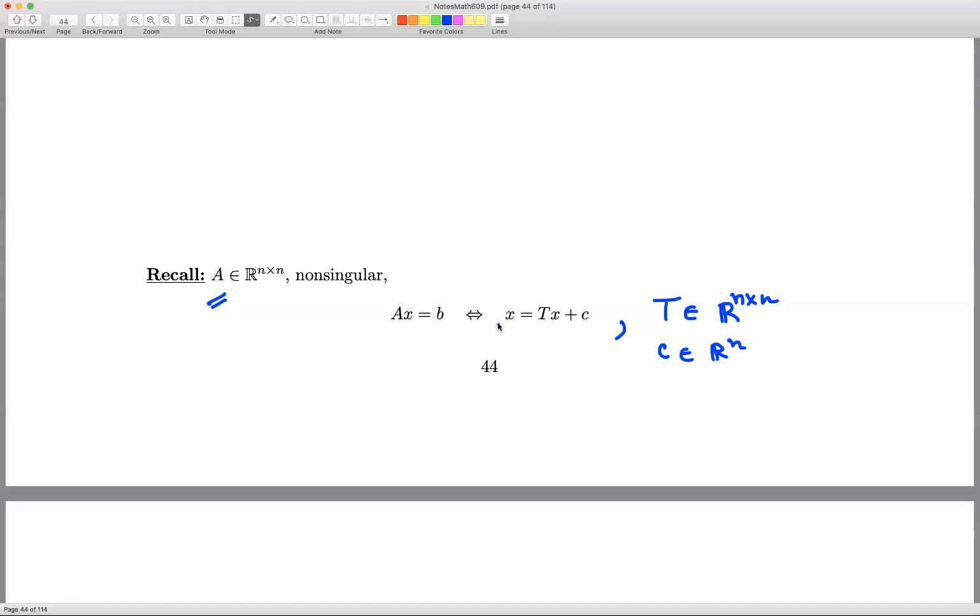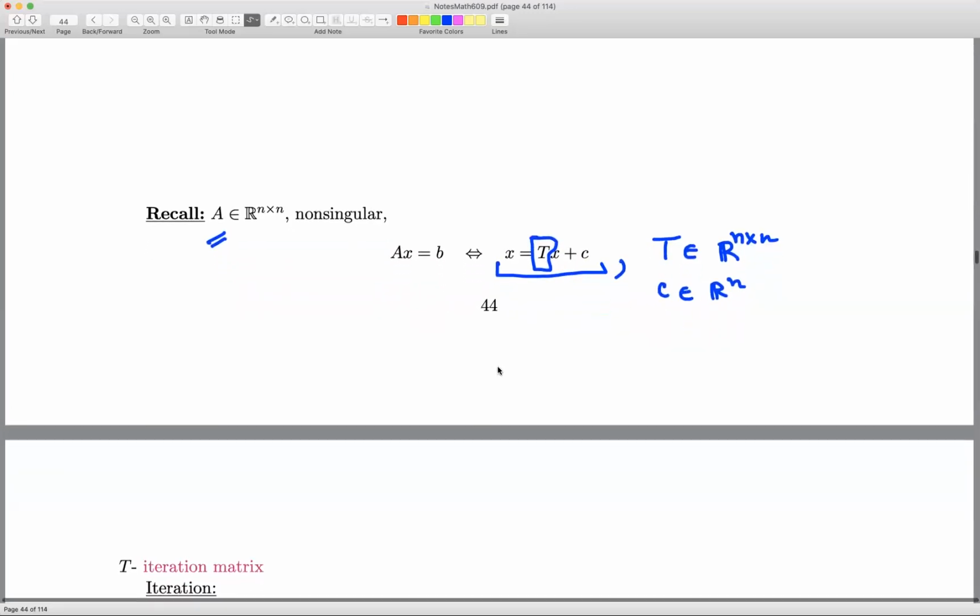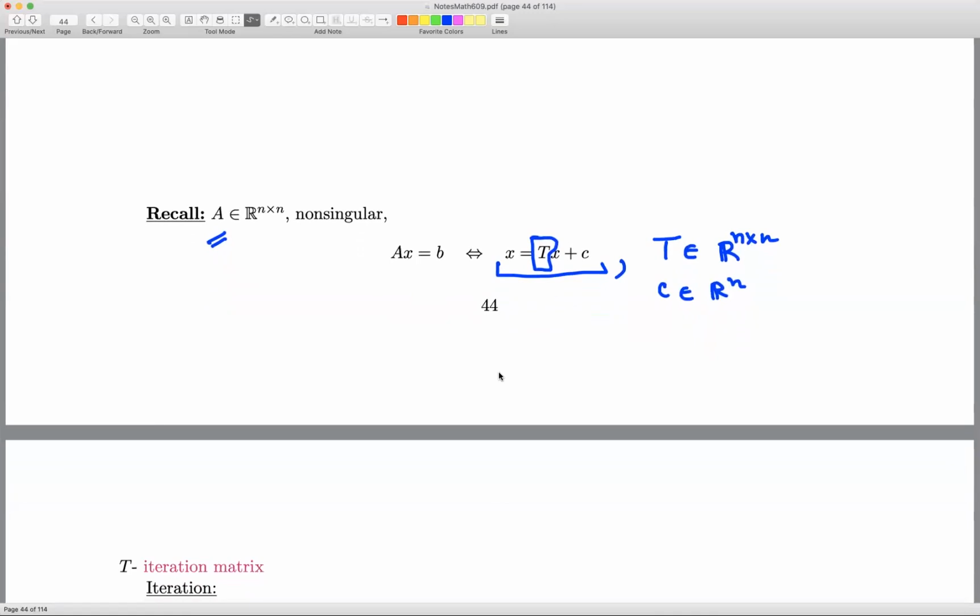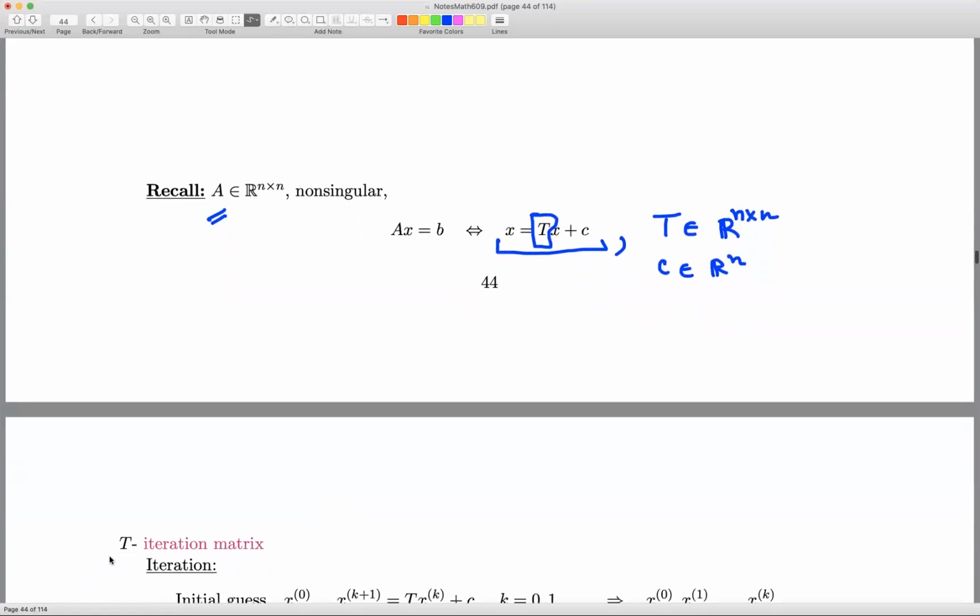Now, this representation here is the basis of any iterative method. Various matrices T will give rise to various iterative methods. The matrix T is called the iteration matrix.